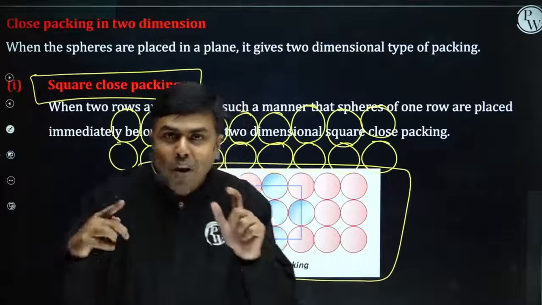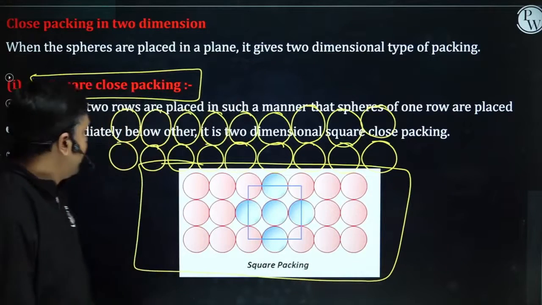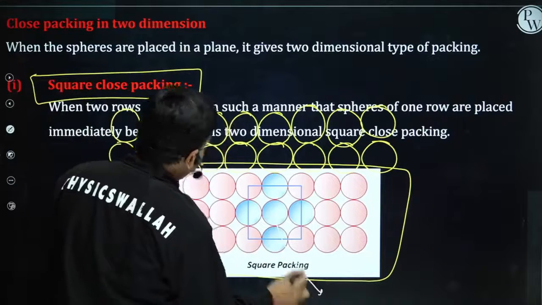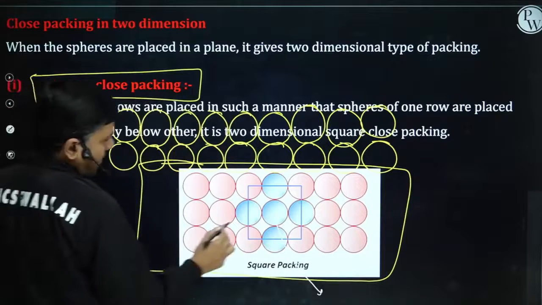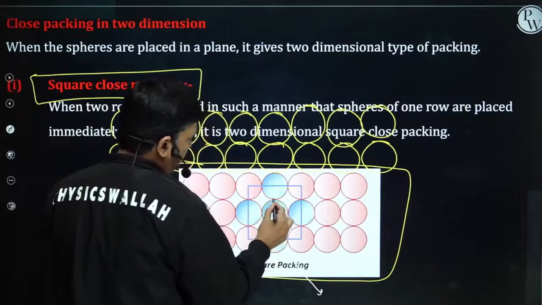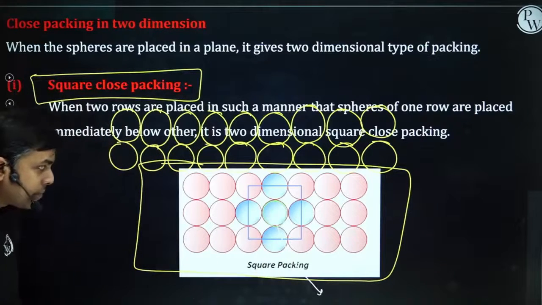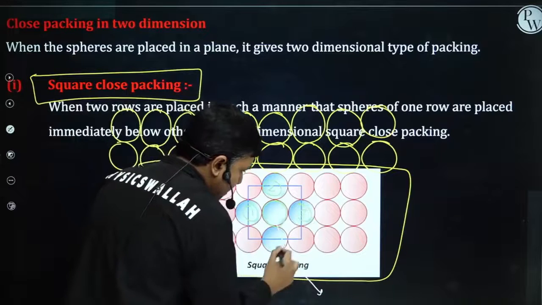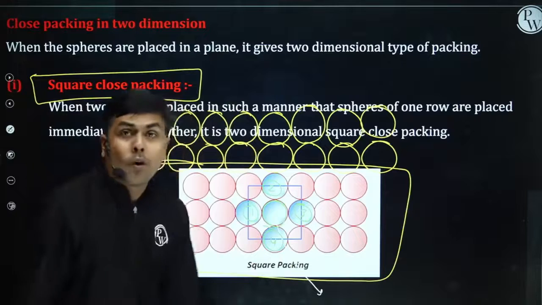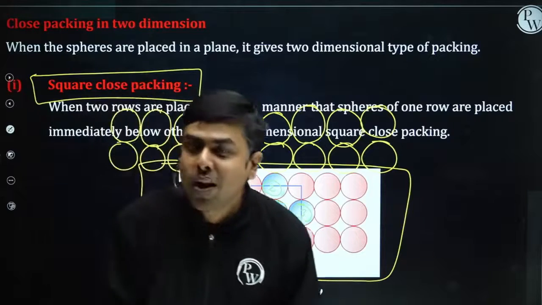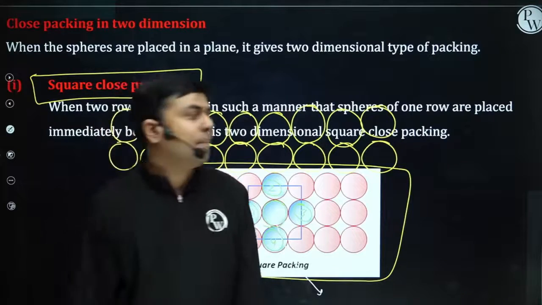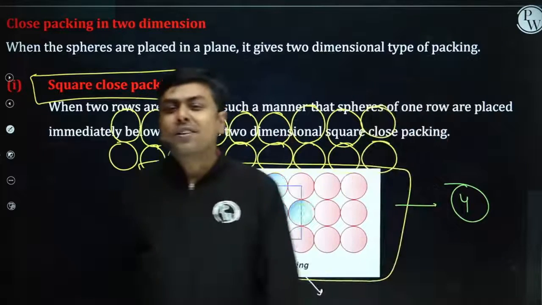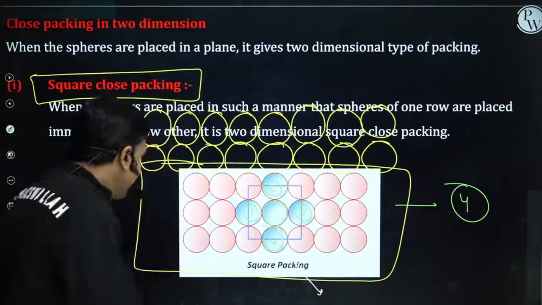Students, if I talk about the coordination number here, let's see. Simply focus on this particular atom. It's being touched by how many atoms? 1, 2, 3, 4. So what's the coordination number in square close packing? The coordination number is 4. Basically it's a repetition.